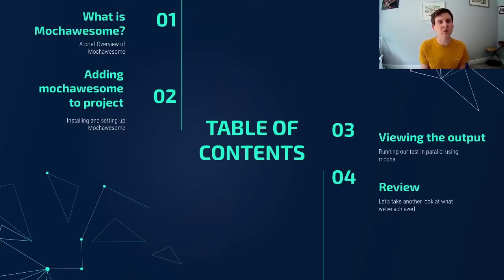Once we've added those reports, we'll run our tests again and check the results, this time on the newly generated reports. And as ever, at the end, we'll have a quick recap of everything that we've done during this video. So let's have a look at what Mochawesome is.